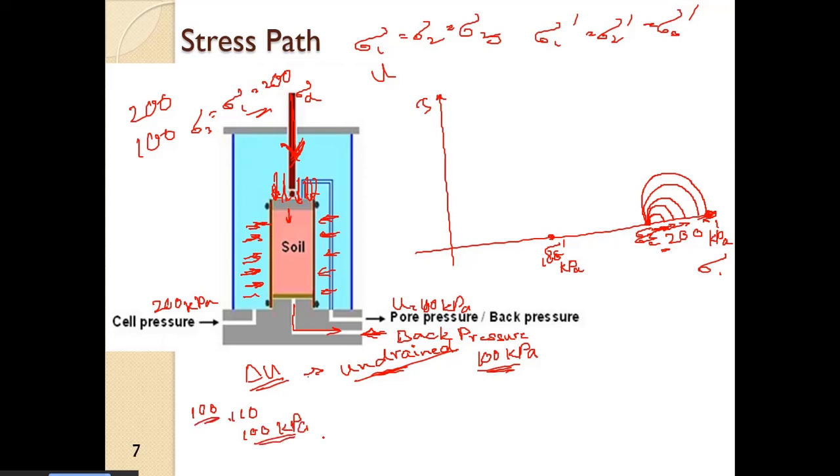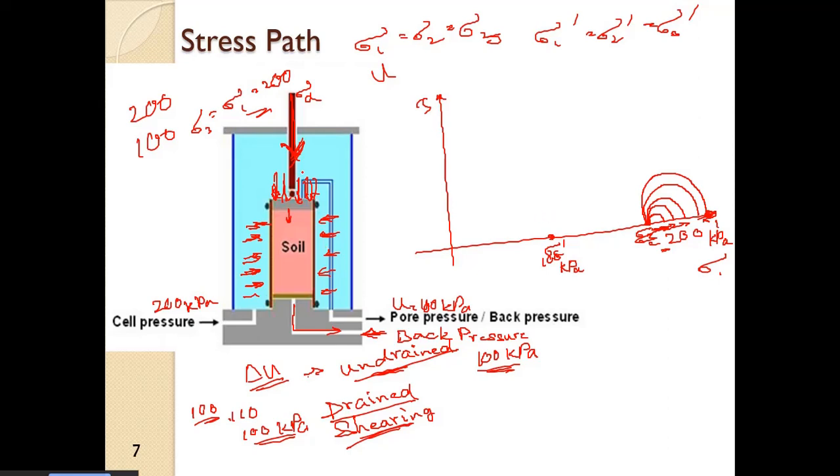So the pore water pressure is maintained at 100 kPa. That means the shearing is drained shearing, at constant hydrostatic pore water pressure.